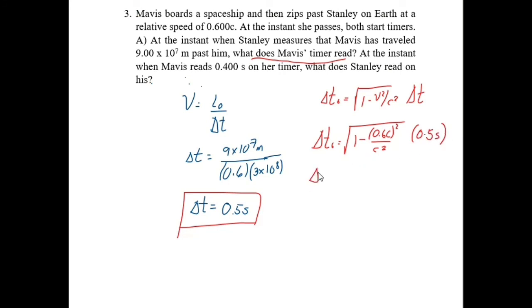Okay, so the delta t naught is equal to, let's check, okay, the answer here is 0.4 seconds.